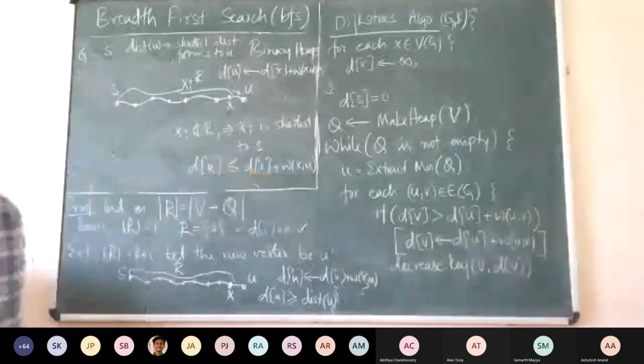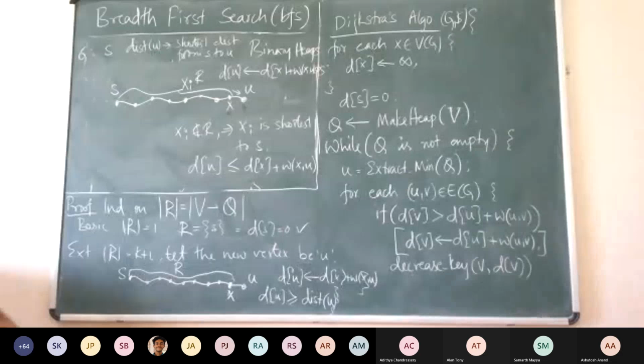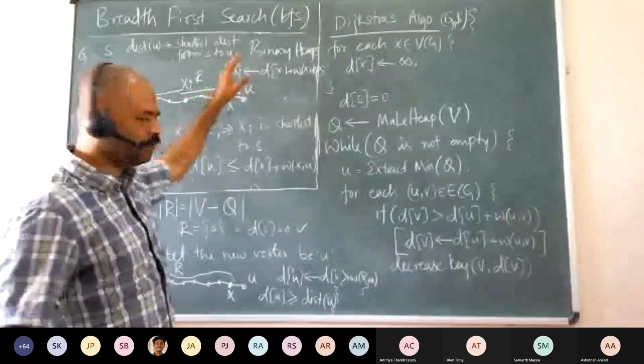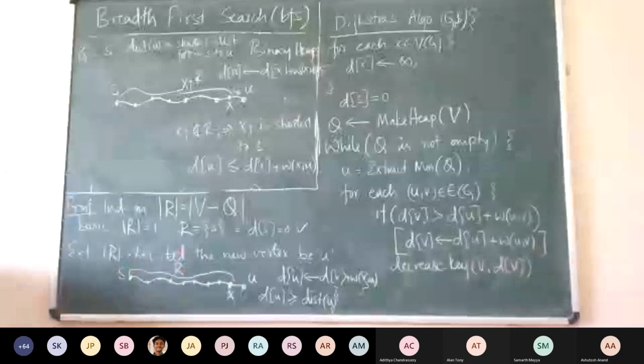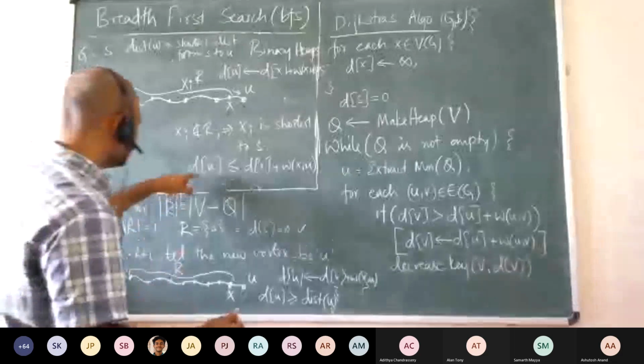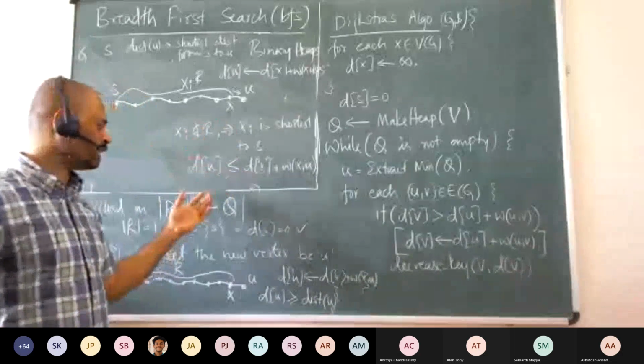There were so many other vertices which we processed, right? The only way the value of u would change is if it decreases. So either it remains the same or it decreases.